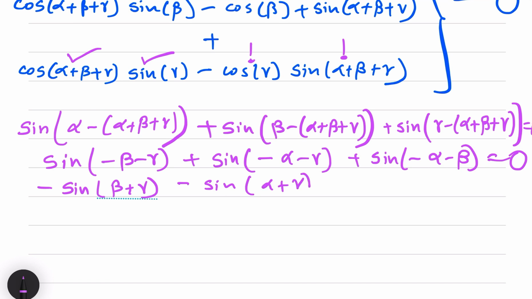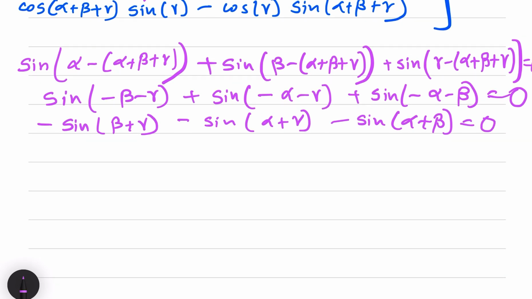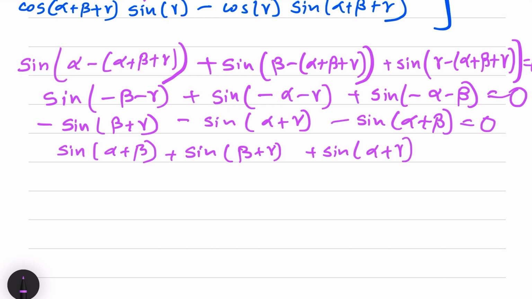This will become alpha plus gamma, this will become alpha plus beta, and minus we can take common entirely, and then we will get finally sine of alpha plus beta plus sine of beta plus gamma plus sine of alpha plus gamma is equal to 0.